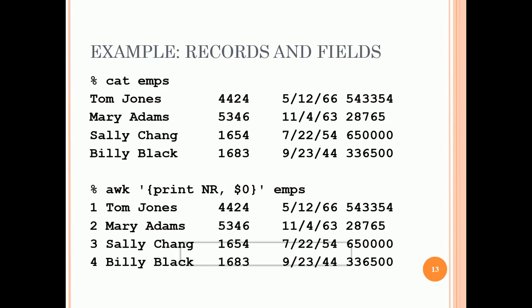So here we will have one example of how the data can be displayed on a console, and what is meant by the pattern and the action. So here we have one file named EMPS, which contains the data as employee name, employee number, date of birth, and suppose salary. So on a command prompt, we have written awk followed by the script.